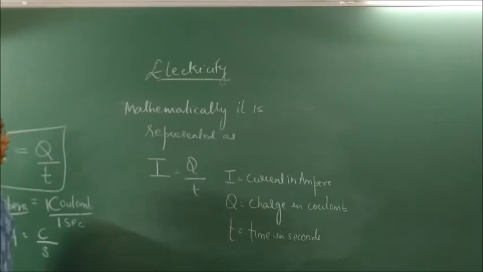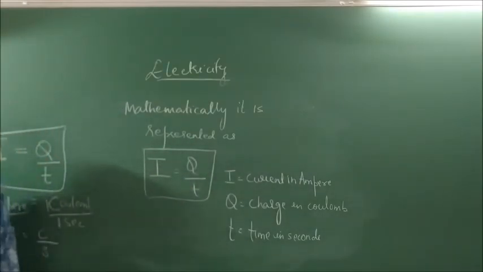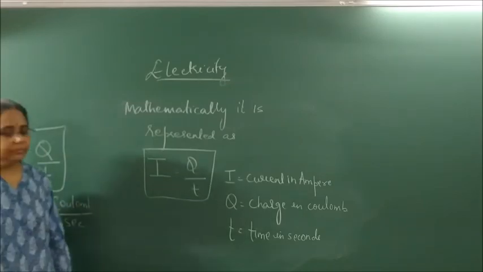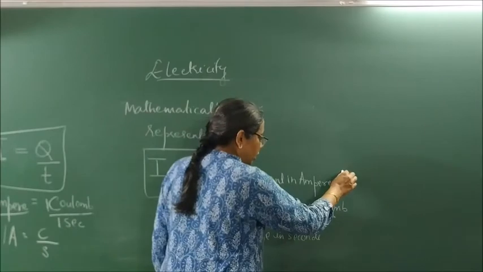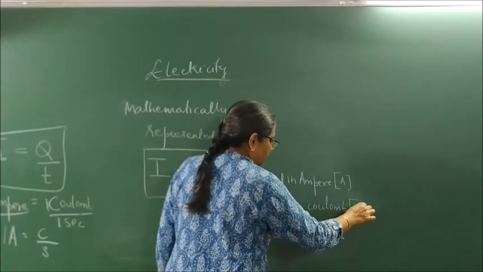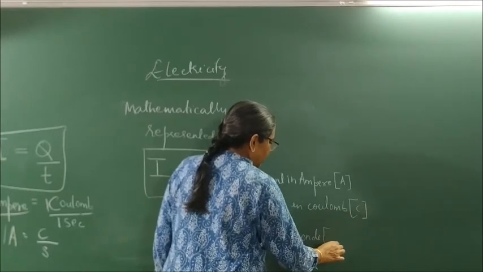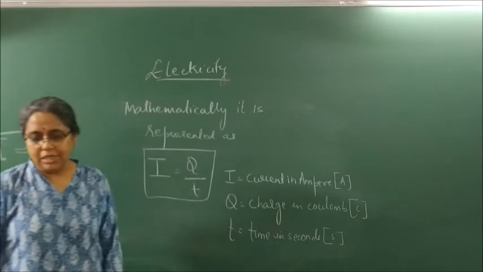So what is our formula for current? I is equal to Q by T, where I is current in ampere A, Q is charge in coulomb C, T is time in seconds. You can write S, you can also write SEC.